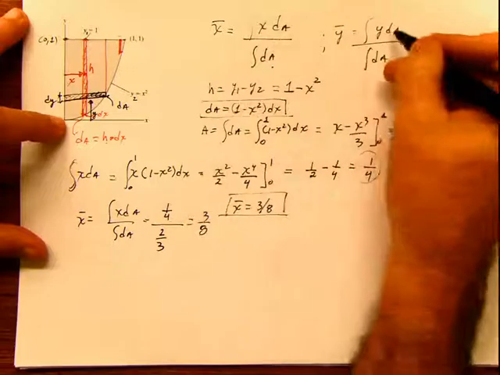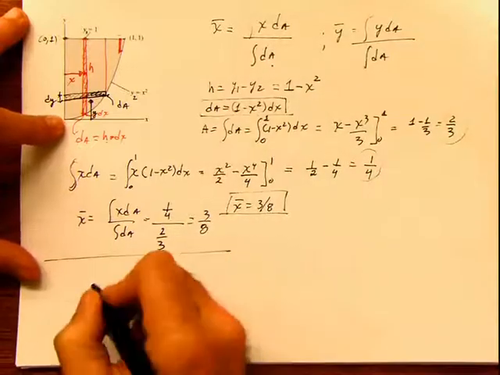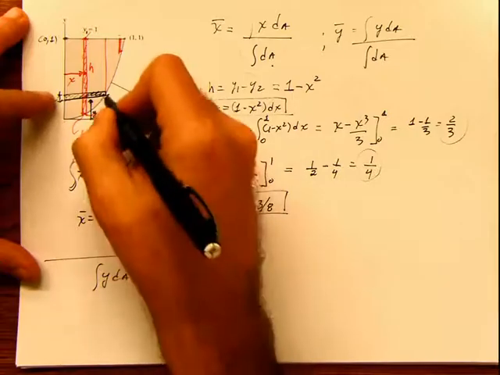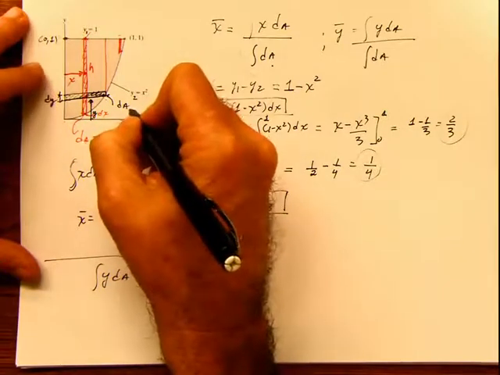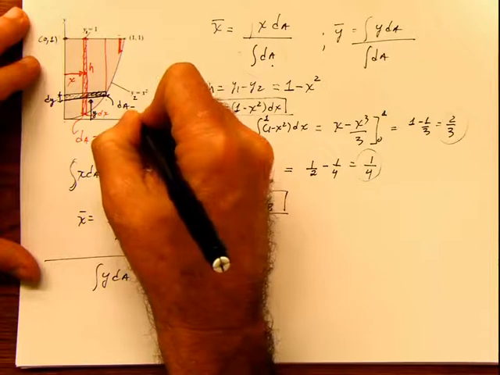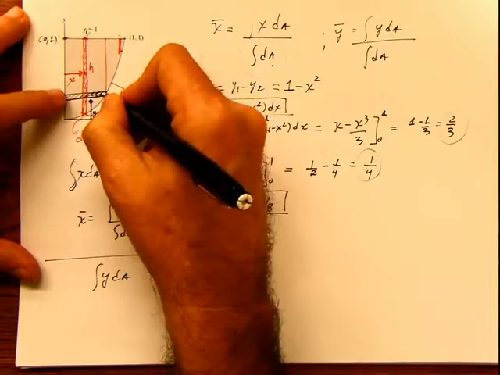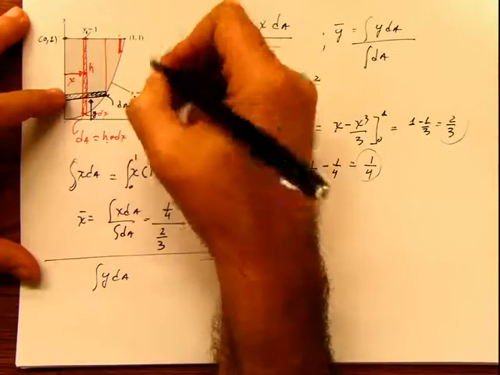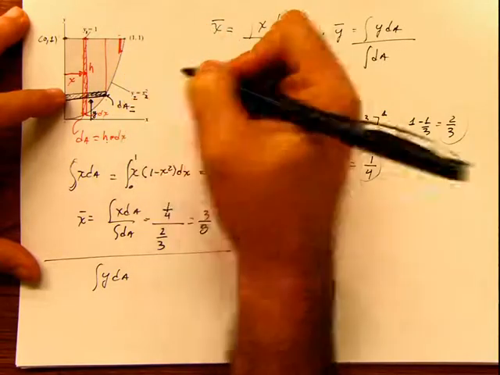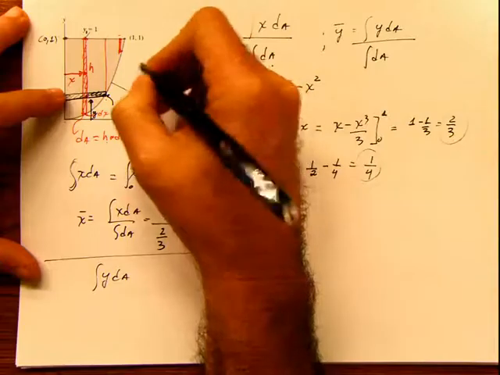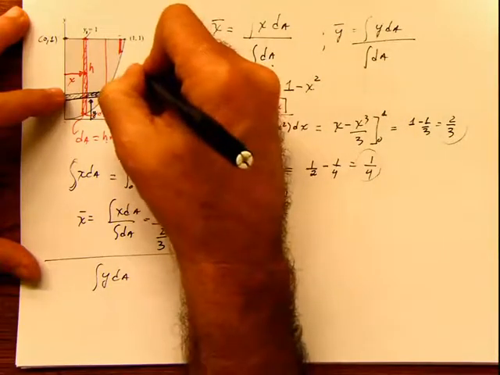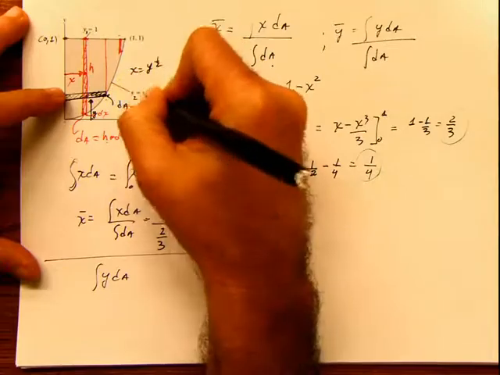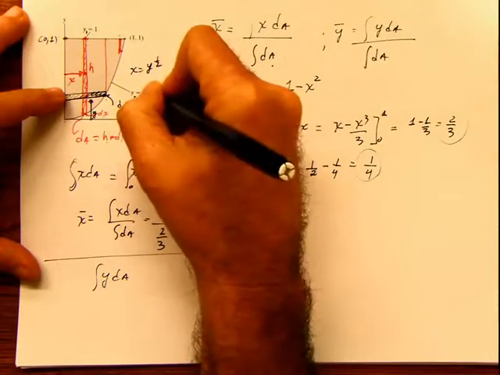But this part, the top integral, I'm going to solve that as the integral of y dA. And my new dA, if I use this one, is going to be defined as this distance. Similarly, this value, if this is y2, this is going to be x2 here. So x2 or x is equal to y to the 1/2, because I'm just solving for this x.